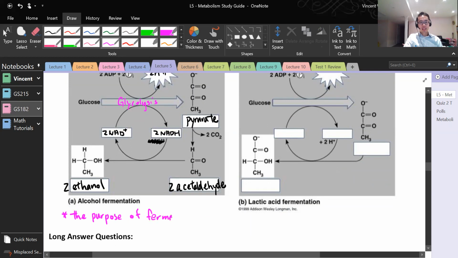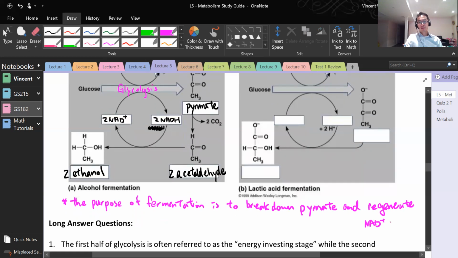The purpose of fermentation is to break down pyruvate and regenerate NAD+, such that glycolysis can continue.